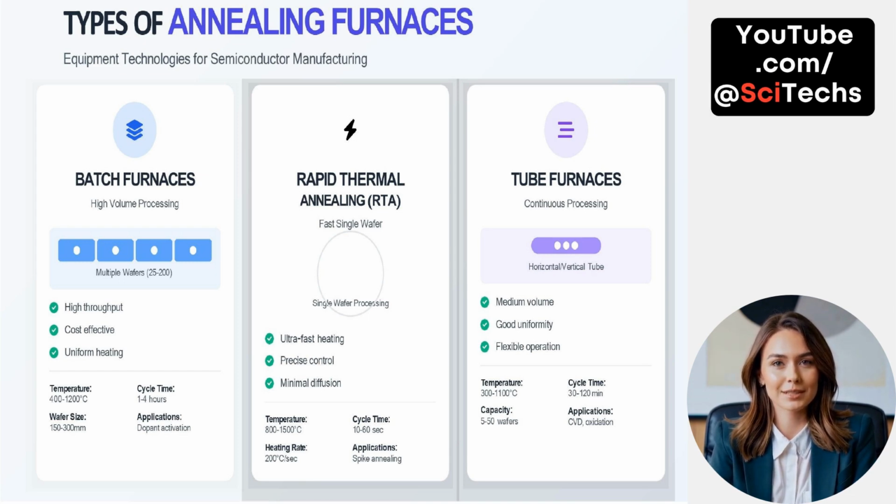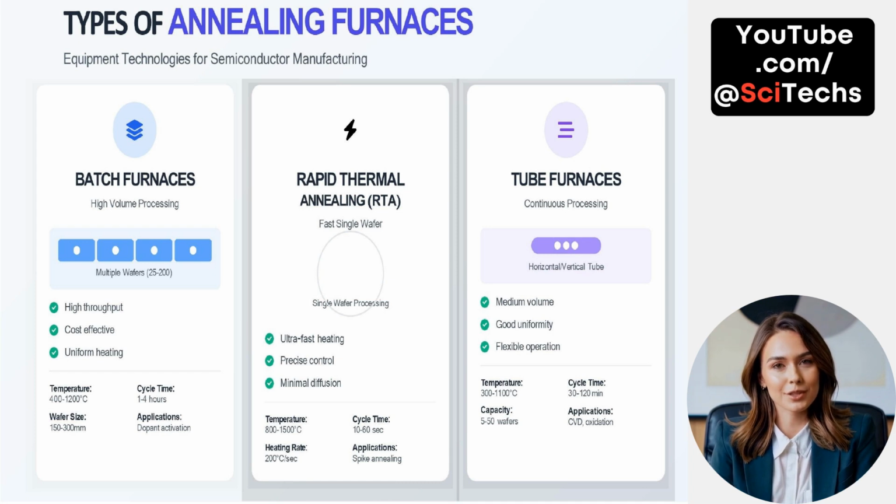Rapid thermal annealing, RTA, systems are tailored for fast, single-wafer processing. They reach temperatures up to 1500 degrees Celsius with extremely fast heating rates, around 200 degrees Celsius per second. This allows precise temperature control and minimal dopant diffusion, making them ideal for spike annealing with cycle times of just 10 to 60 seconds.